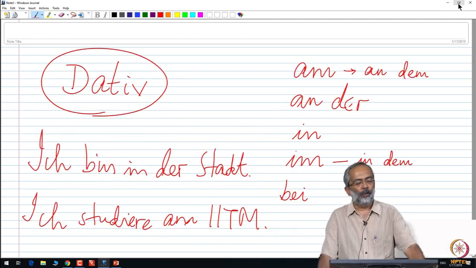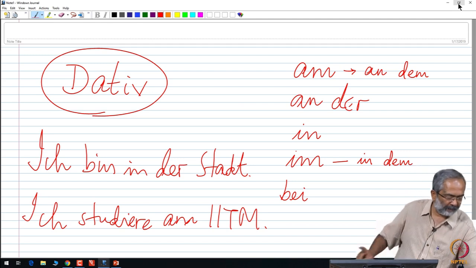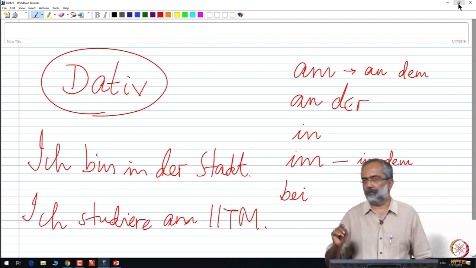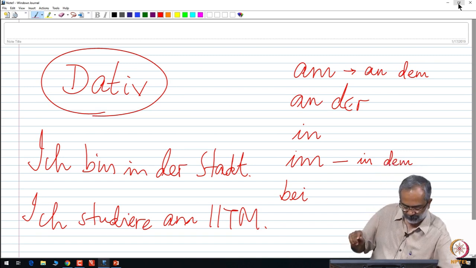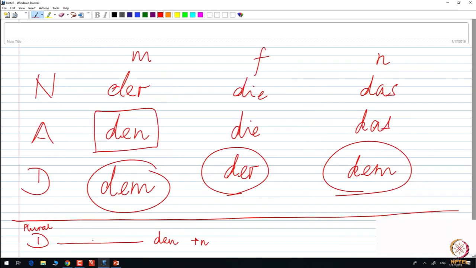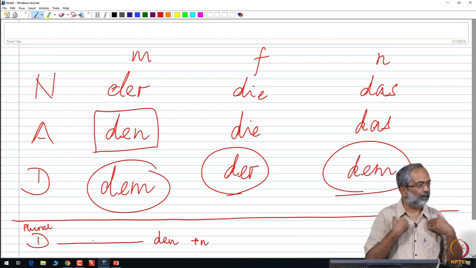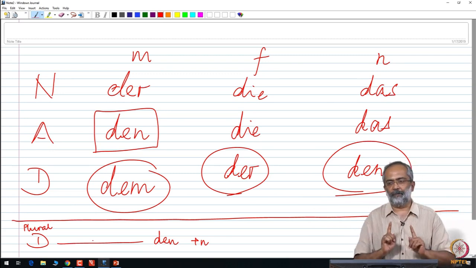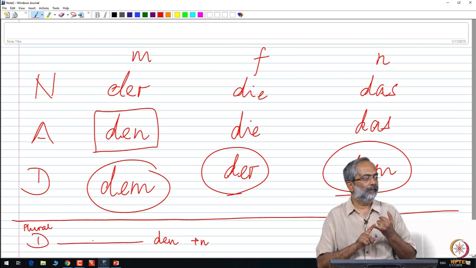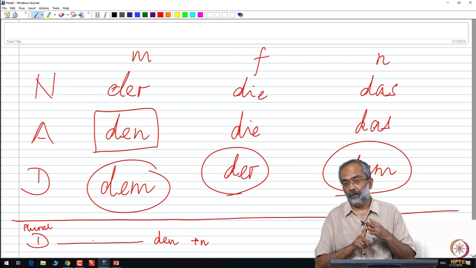We have already pointed out that once you have this table, it will function with ein, with kein, with mein, dein, and so on. That is clear. We also have to remember that ein, eine, ein cannot have a plural.